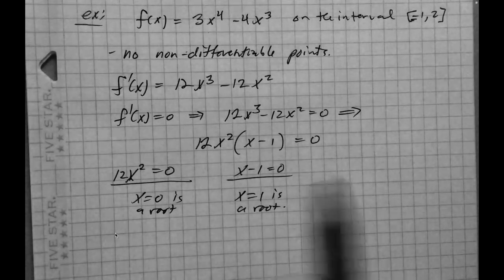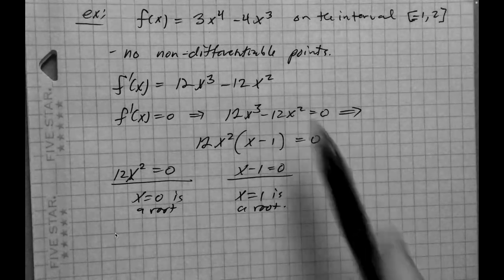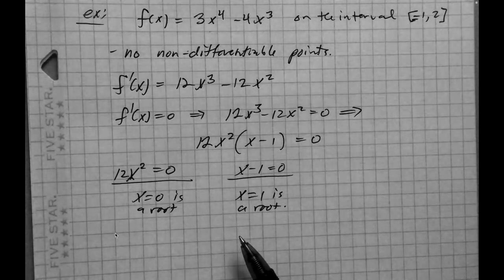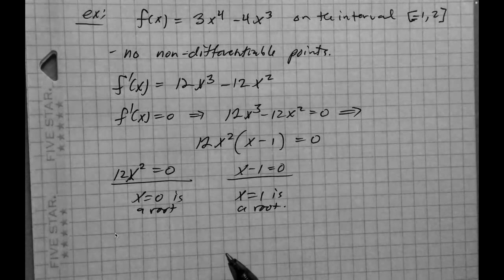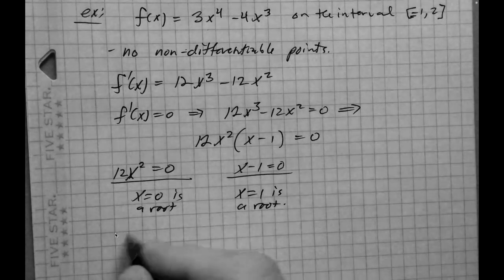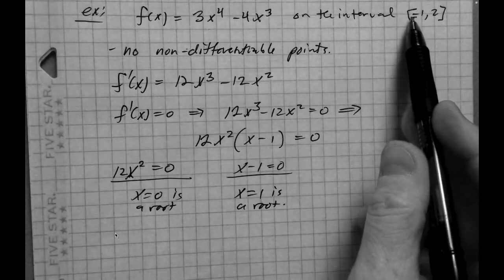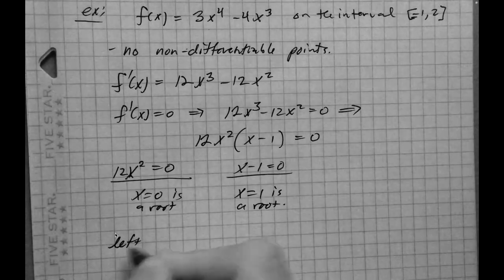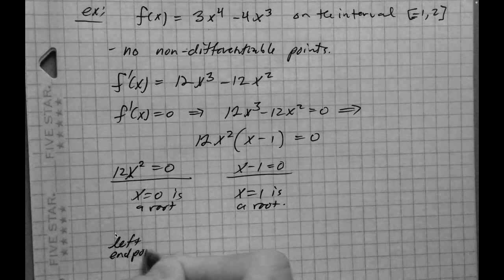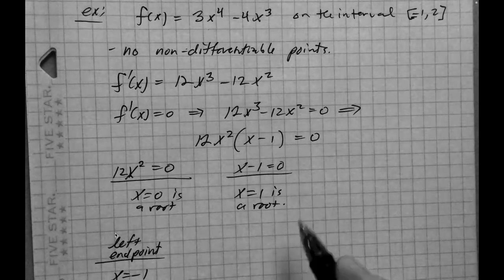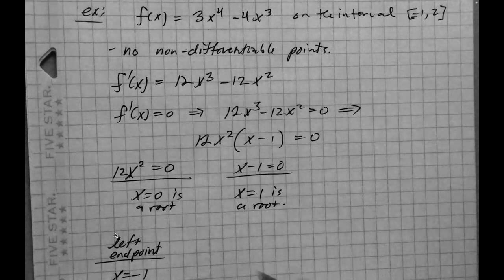Let's summarize what I have here. Step 1 was to find all the critical numbers. We've done that. Now step 2 is to evaluate f at each of the critical points. So let's put everything together. You've got the left endpoint, which is -1. I'm going to write that in here. I've also got two critical numbers.